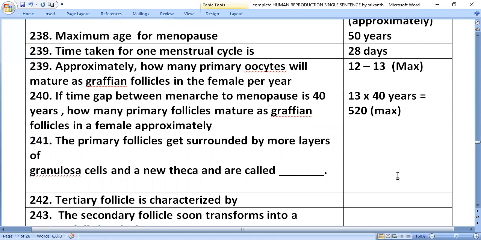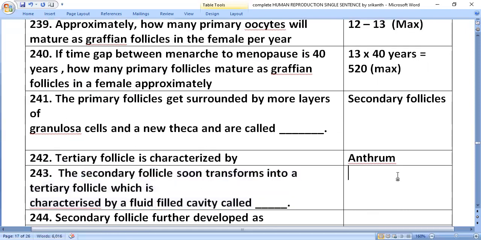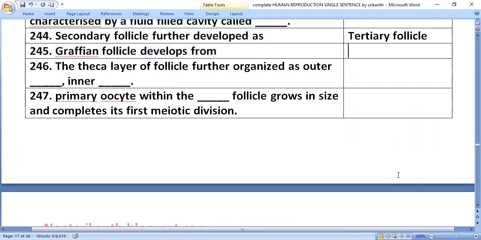The primary follicle gets surrounded by more layers of granulosa cells and a new theca, and is called a secondary follicle. The secondary follicle soon transforms into a tertiary follicle, which is characterized by a fluid-filled cavity called the antrum. The Graafian follicle develops from the tertiary follicle.